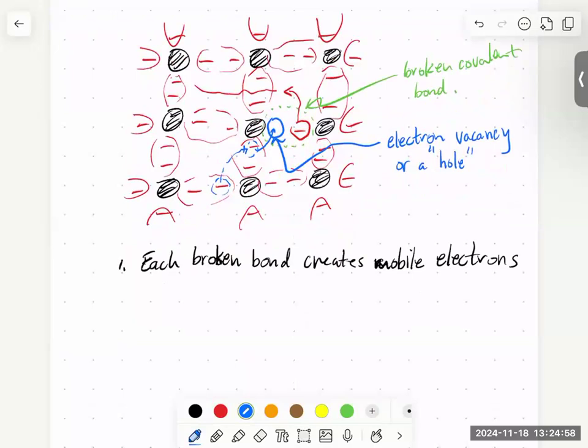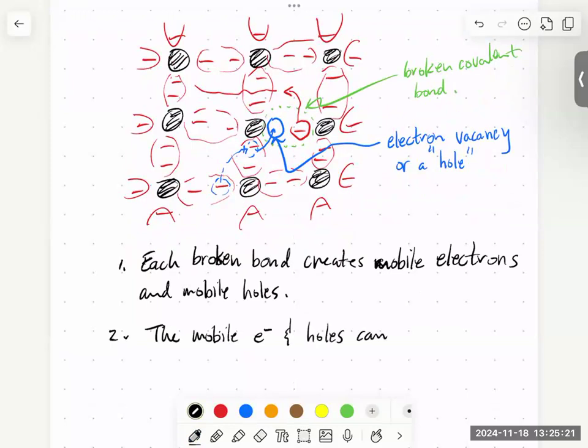Okay, so each broken bond creates mobile electrons and mobile holes. The mobile electrons and holes can conduct electricity, or equivalently establish current.